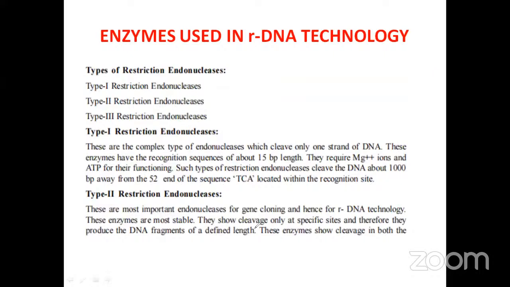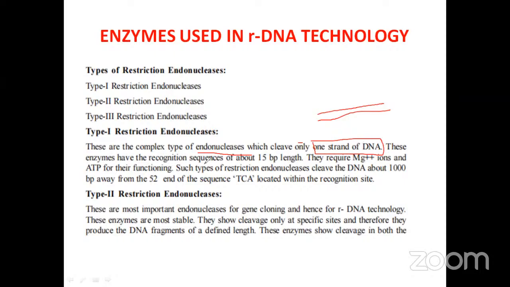So type 1 endonuclease enzyme cleaves only one strand of DNA. Actually, DNA has two strands, right? DNA is made up of two strands, but it cleaves only one strand.